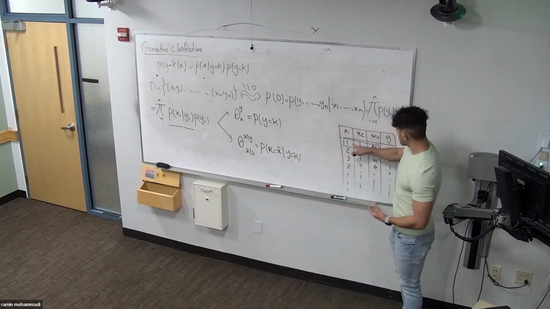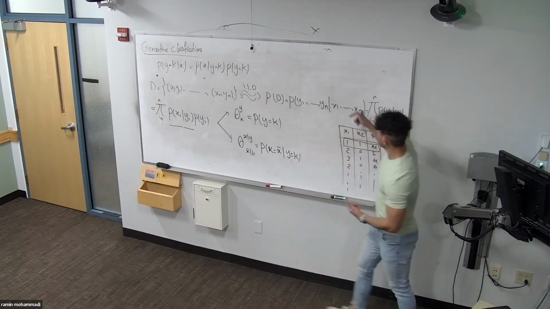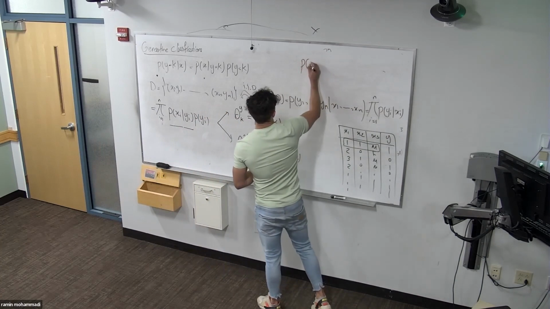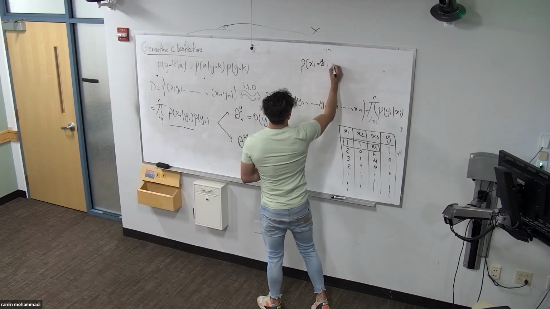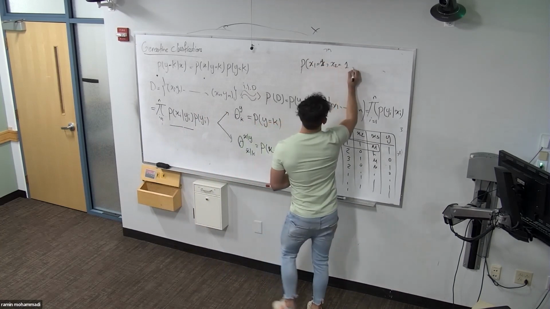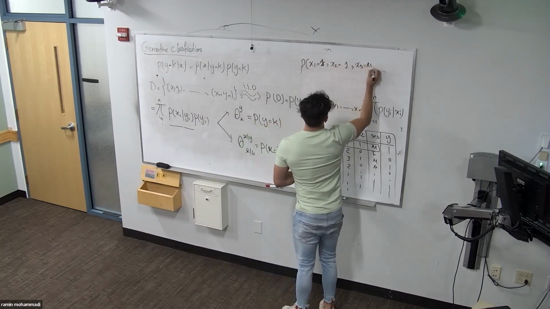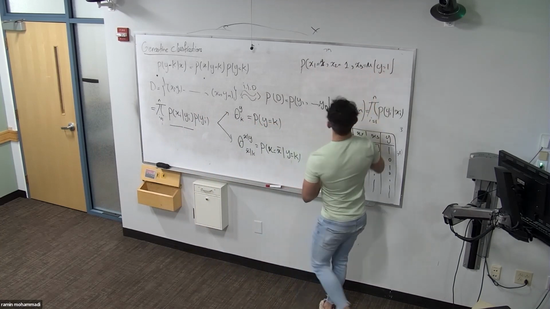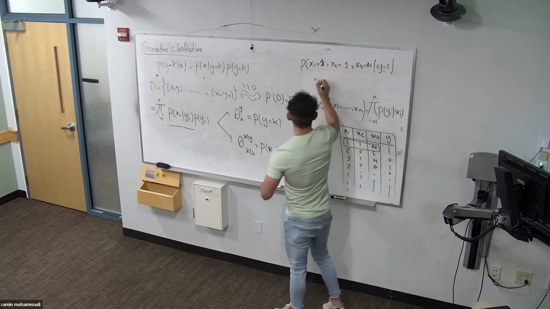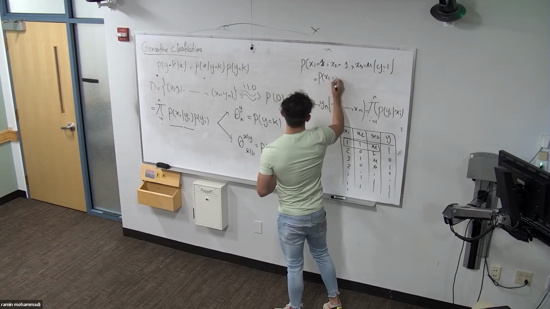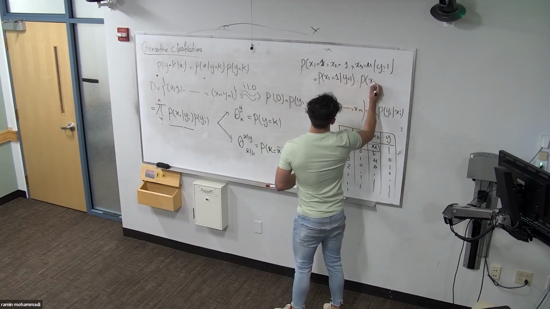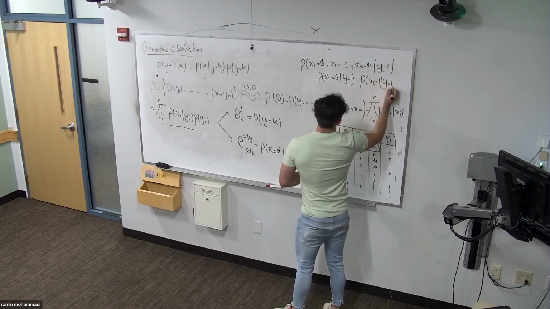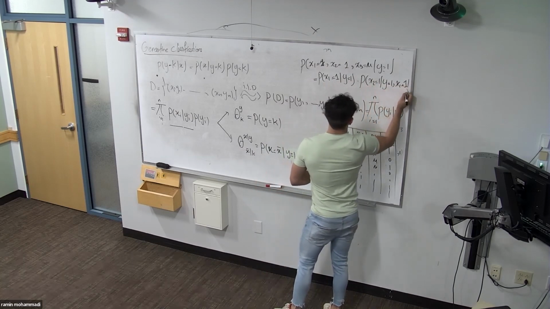Now, if you want to write this separated, the probability of x1 equal 1, and x2 is 1, and x3 is m, given y equal 1, technically this is the probability of x1 being 1 given y is 1, times the probability of x2 is 1 given y is 1 and x1 is 1, and so on, right?